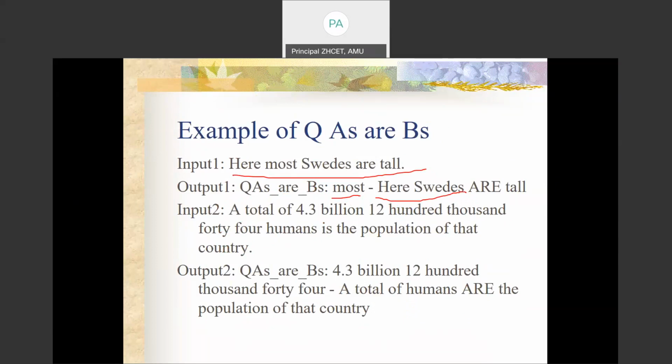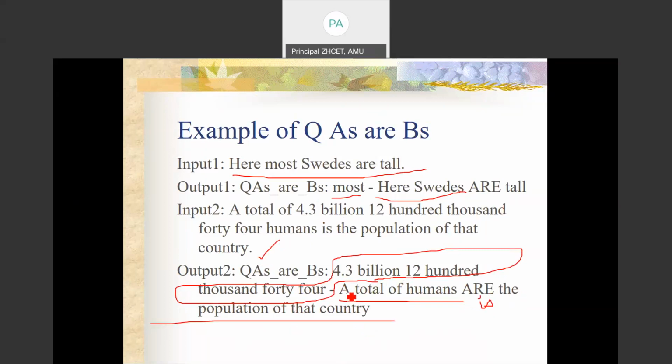In this case my Q is a total of 4.3 billion 1,200,044, which tells about the quantity. Humans is A, are is obviously a variation of is, and the population of that country is B. So this will be Q A's are B's.